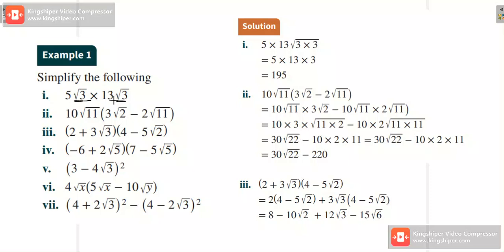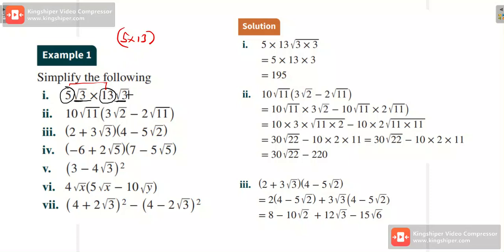The root of 3 and the root of 3 are surds. The 5 and the 13 are rational numbers. So what we do is group like terms by taking the 5 and the 13 and multiplying them. 5 times 13. That is the rational part.